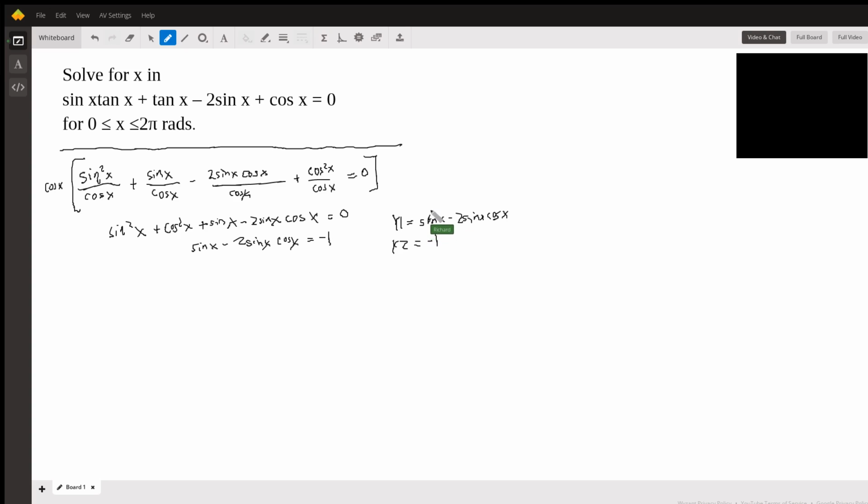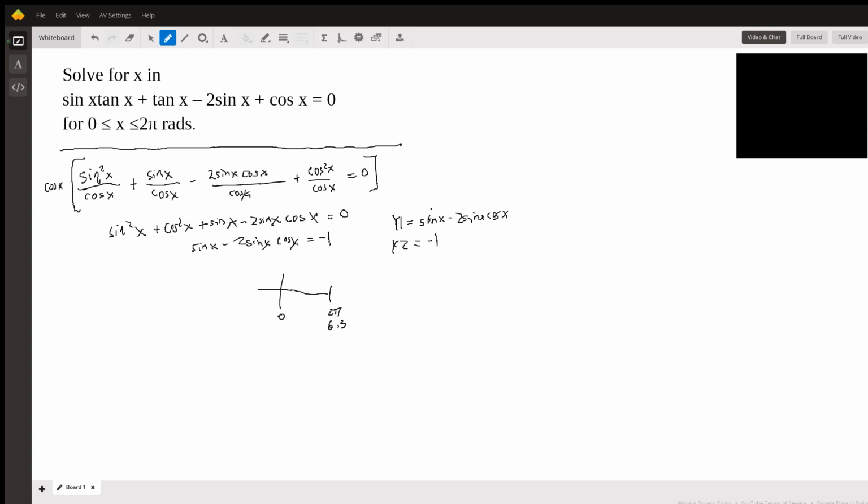So I put this into my calculator and I look for the intersections and I see 2 intersections. We're only interested in the intersections between 0 and 2 pi, which is roughly 6.3 on your calculator here. And I get 2 answers.